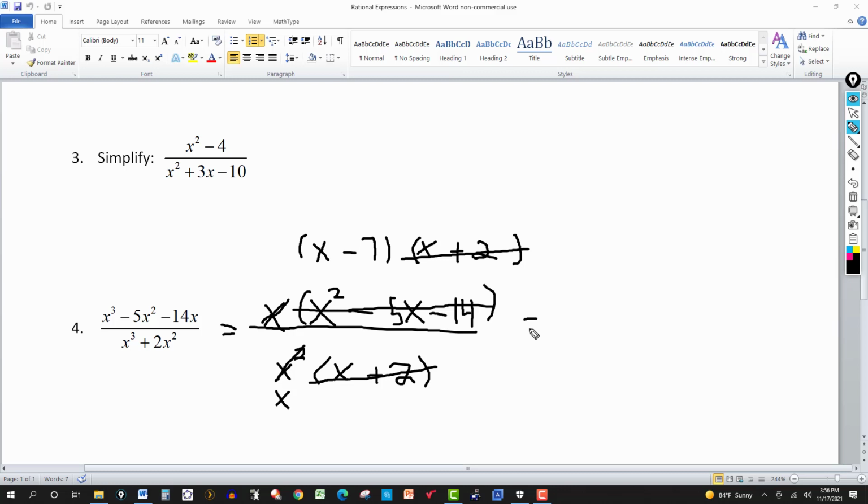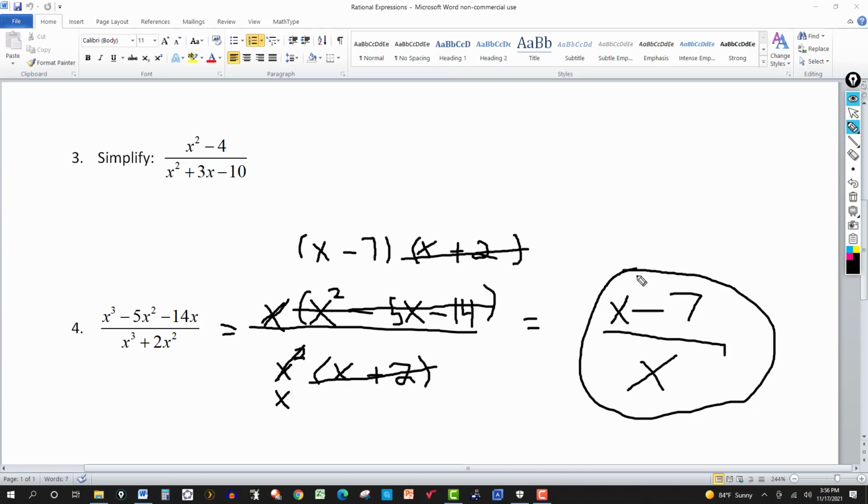So what's left for this one? What I have left on top is x minus 7. And at the bottom, all I have left is an x. So x minus 7 over x is the reduced form.